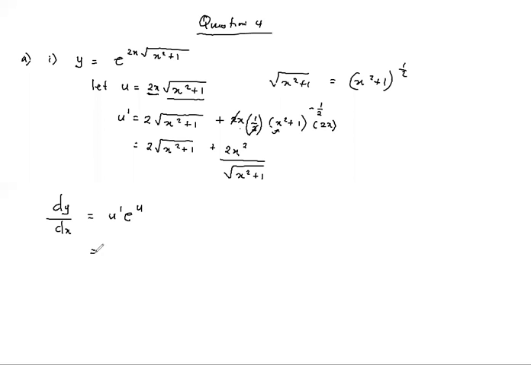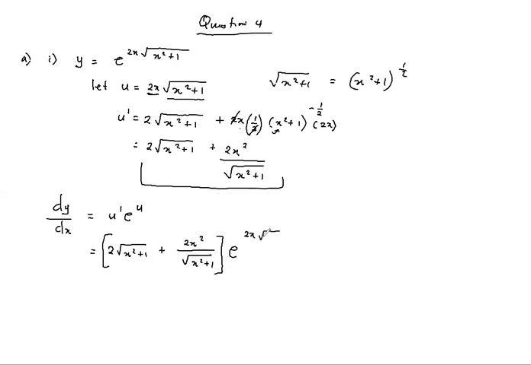Now that u prime has been found to be this, we have 2 root of x squared plus 1 plus 2x squared over the root of x squared plus 1, multiplied by e to the power 2x. This is the derivative of y, the answer we are looking for.